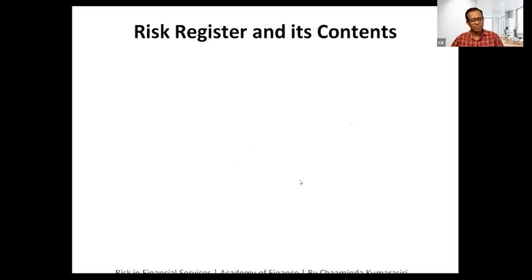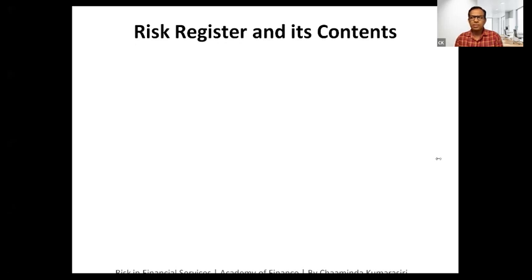And then we are going into another topic called a risk register. Now, the problem with this one is there's no clearly defined set of things that you need to have in a risk register.